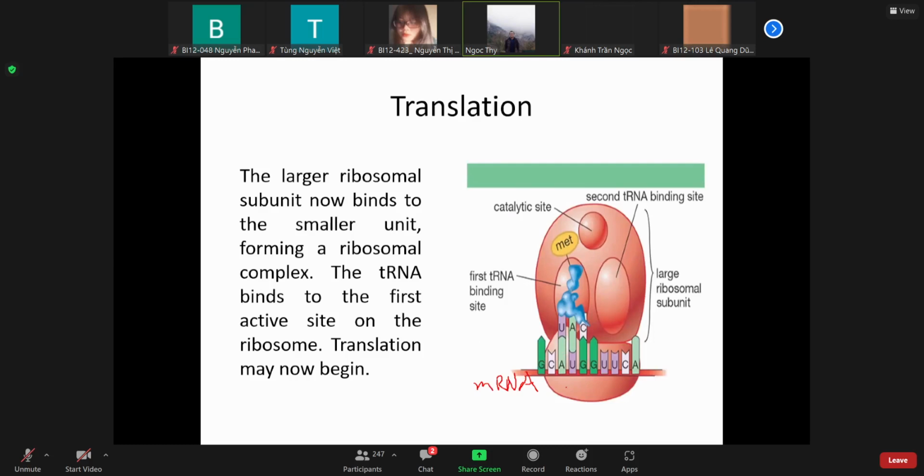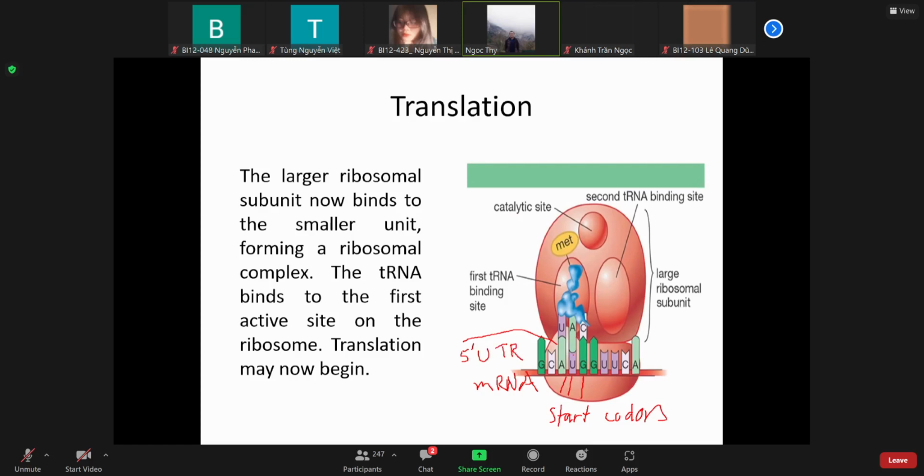It will slide until it reaches the start codon. So AUG here, this is the start codon. So that means the region from here to the beginning is the 5' UTR, right? 5' untranslated region.